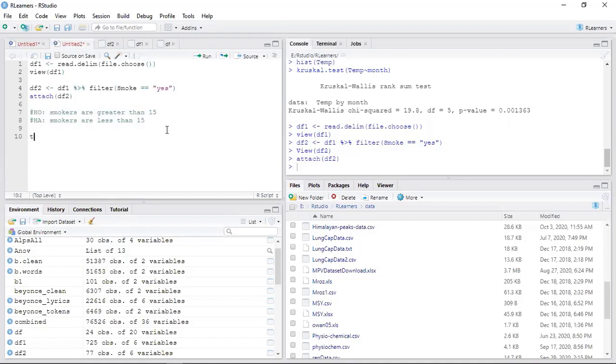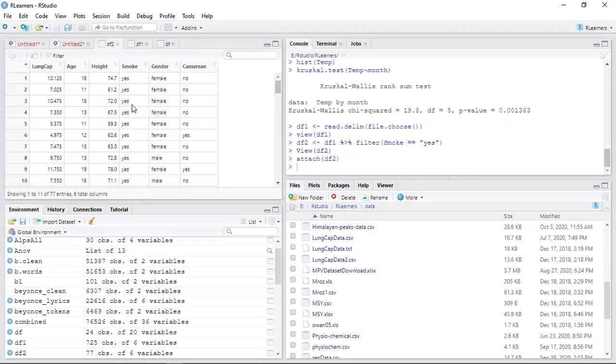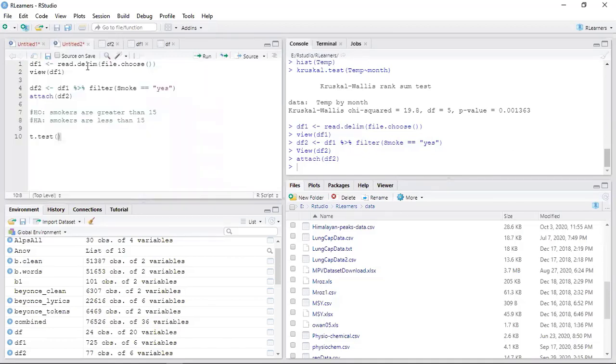So just put t.test, it is a one sample t-test, and you are putting the age. So another thing you would like to do is the alternative hypothesis.